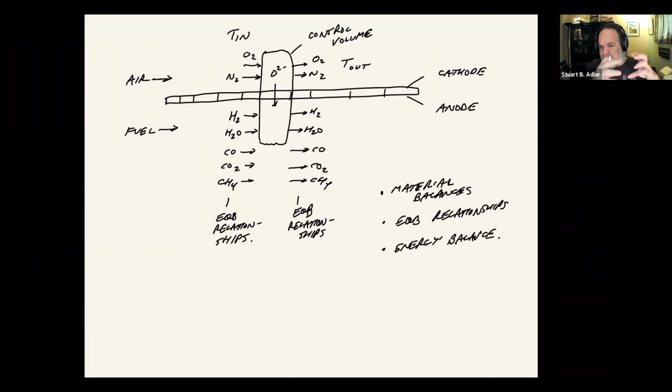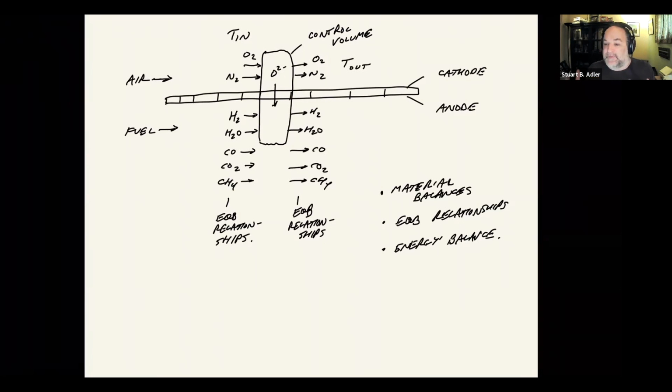Go to the next cell, redo that, go to the next cell, redo that, or try to solve it all simultaneously. One of the things we'll have to come back to and talk about a little bit is heat transfer. Depending on the solid materials that we have in our stack, the temperature differences that we generate within the stack won't just be in the gas phase, but they'll be in the solids too. And those solids are going to conduct heat.